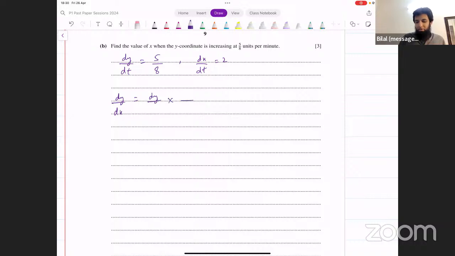Dy here as the numerator, dx is the denominator here, and in the middle you've got the third variable, dt, and that gives you 5/8 multiplied by 1/2, which turns out to be 5/16. That is dy over dx. Now we need to find the value of x when dy over dx equals this.